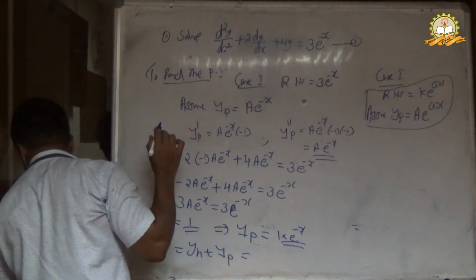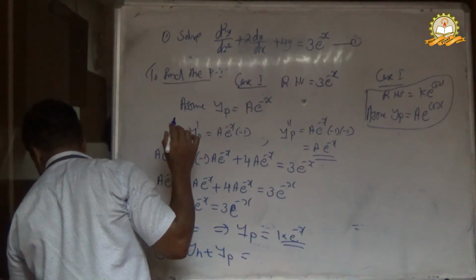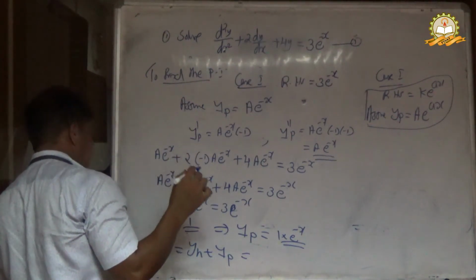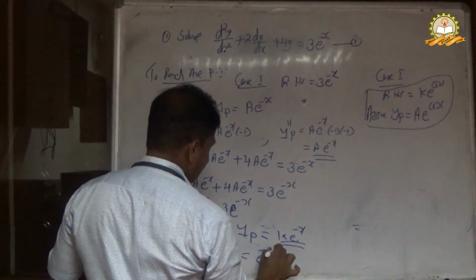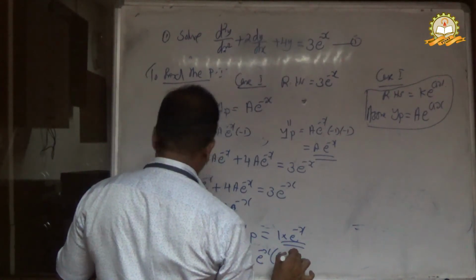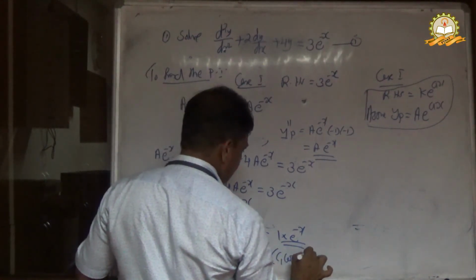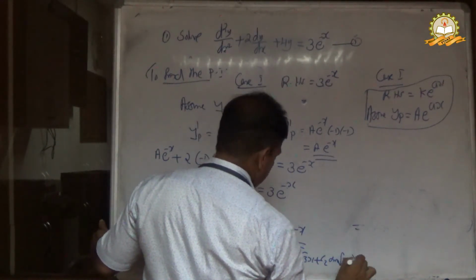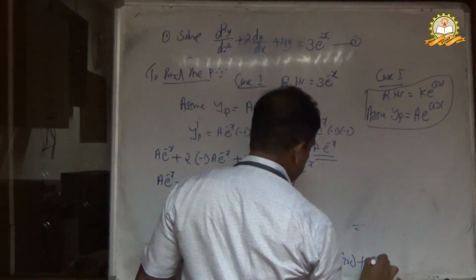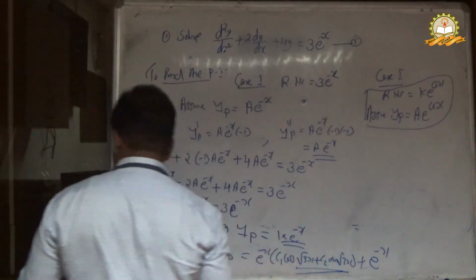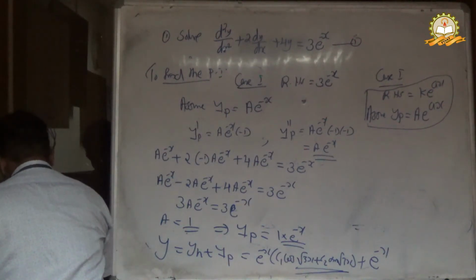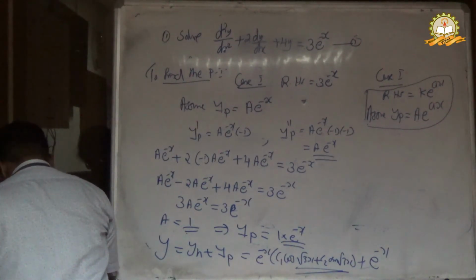The result is e raised to minus x into c1 cos root 3x plus c2 sin root 3x, plus e raised to minus x. This is the final solution of the given problem.